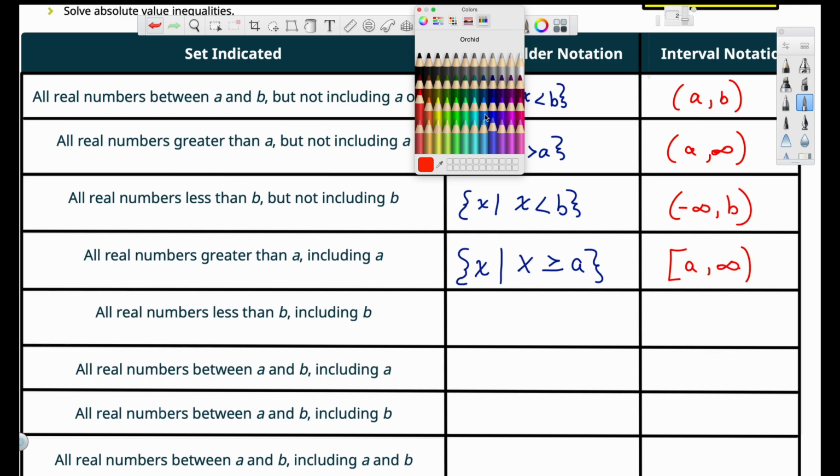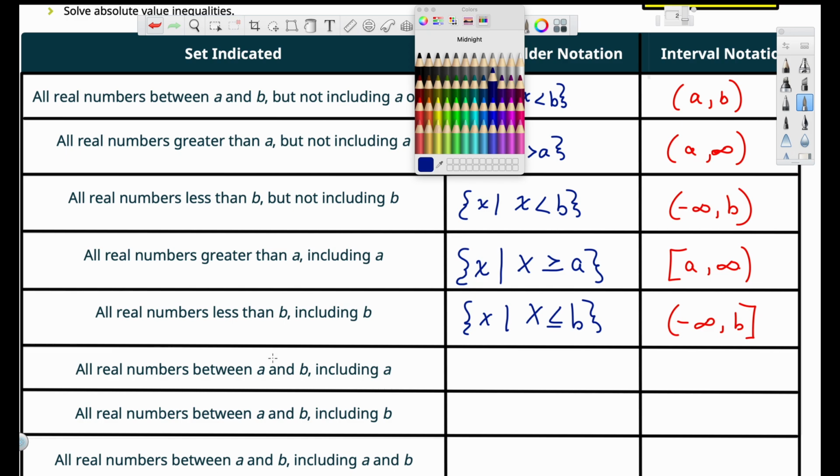All real numbers less than b, including b. And this is going to be, so we're going negative infinity, and we're including b, so it's going to be a square bracket.